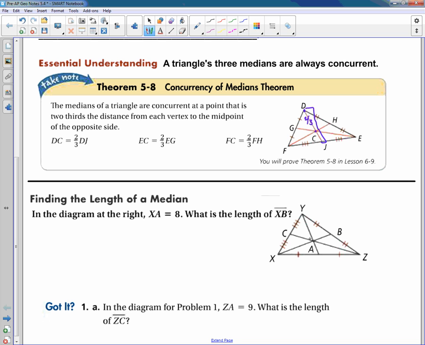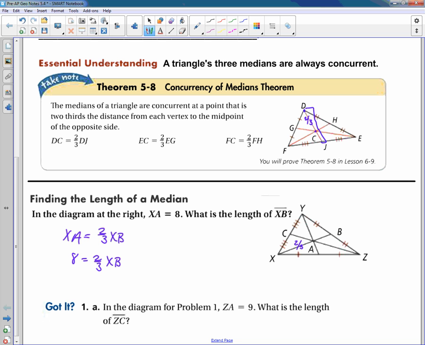So in this drawing, it looks like XA is going to be 2/3 of XB. So I would say XA equals 2/3 of XB. And then I'm going to fill in XA. So XA equals 8 equals 2/3 of XB.